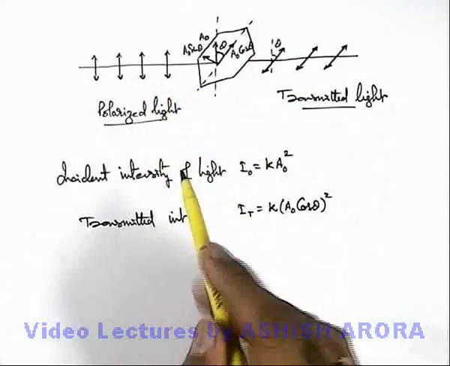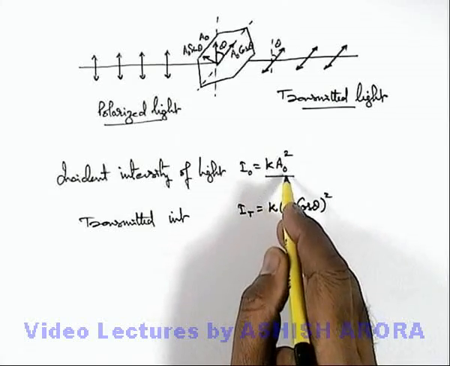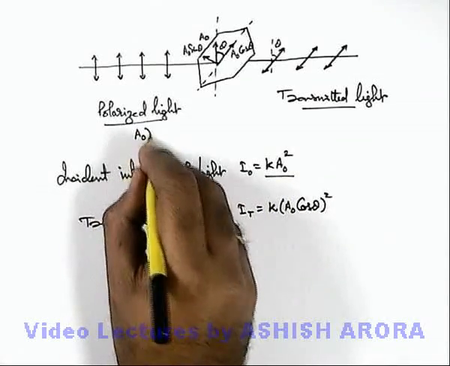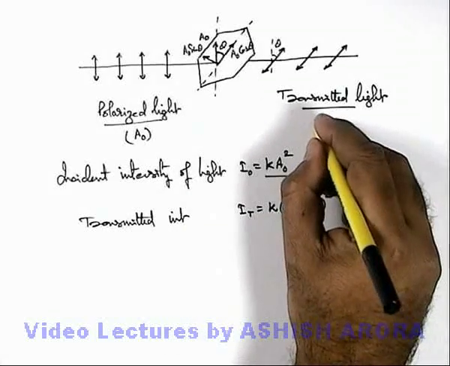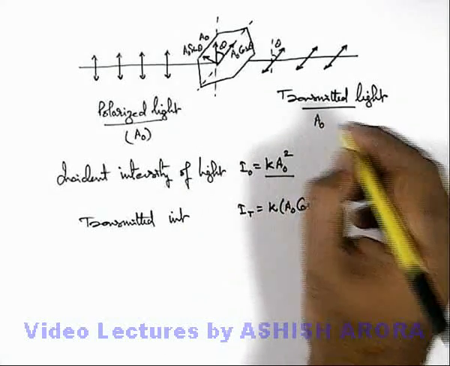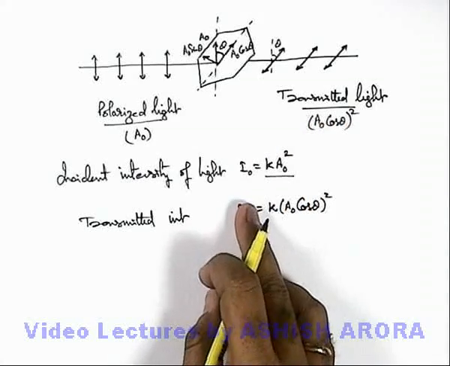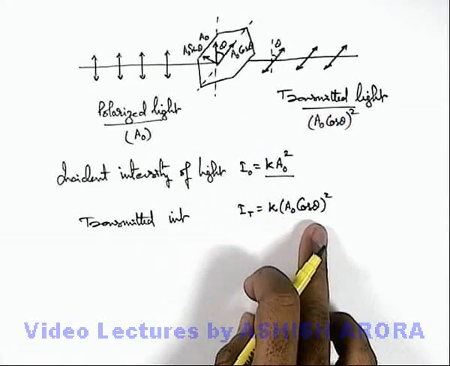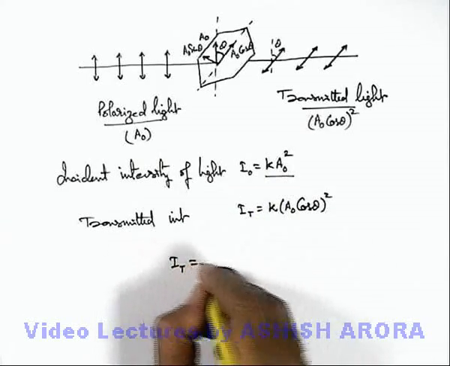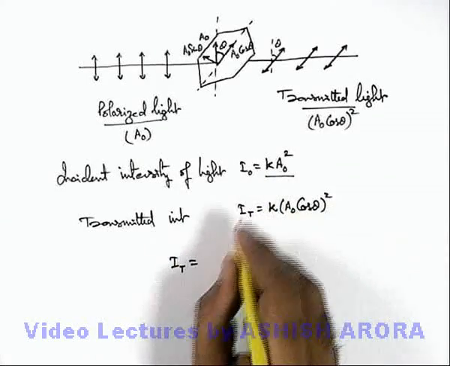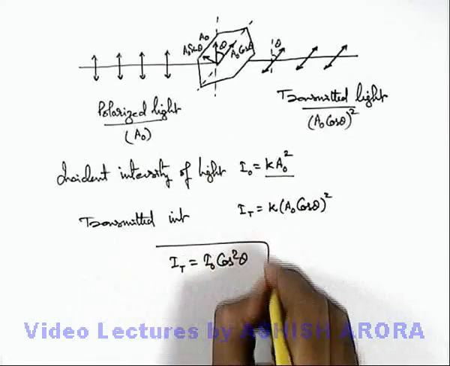So if the incident intensity of light is I0, it can be written as k A0 squared. Then the transmitted intensity can be written as k times A0 cos theta whole squared, because the intensity of light is directly proportional to the square of amplitude. So the transmitted intensity is k A0 squared cos squared theta, which is I0 cos squared theta.